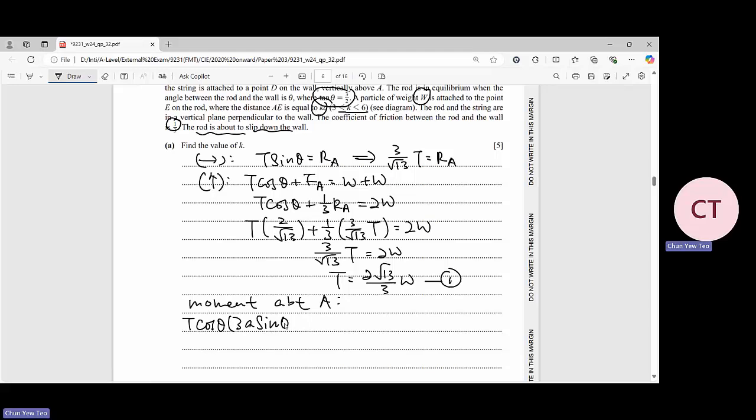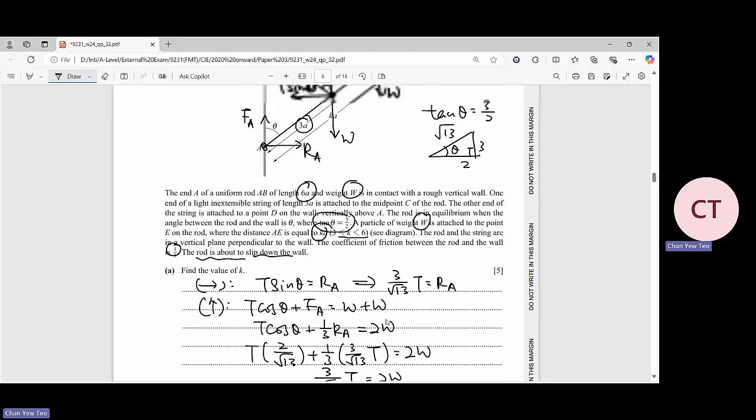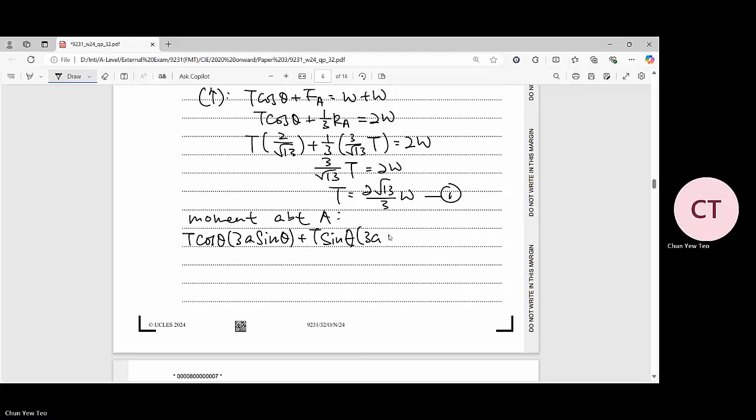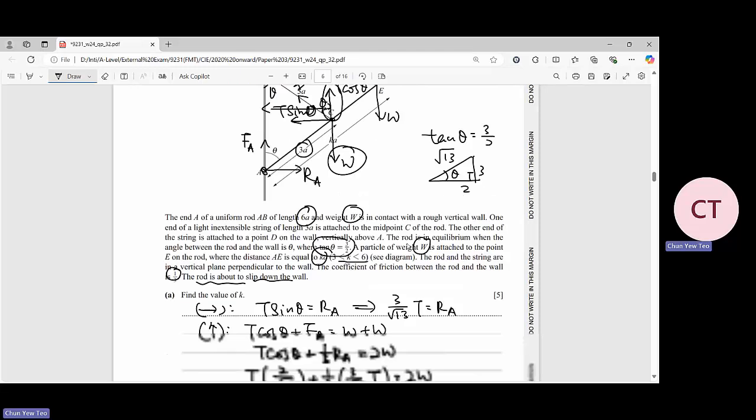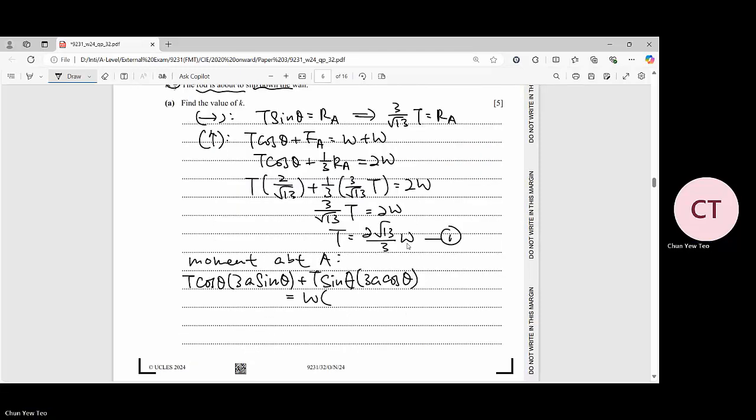Same thing goes for the force T sin theta. The perpendicular distance from A will be 3a cos theta. Then it equals the W. For the W here, what is the perpendicular distance to the point A? It will be 3a sin theta.